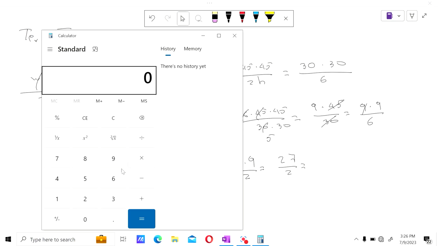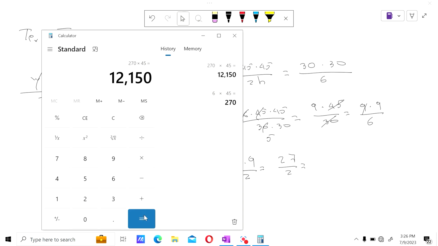All right, so 6 times 45 times 45 equals 12,150. All right, and 30 times 30 equals 900.